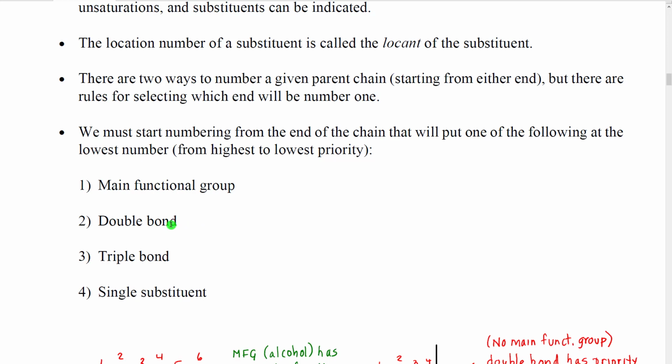Then if we have a choice, or if there is no main functional group, we want to put the first carbon of a double bond at the lowest number possible, then a triple bond if there is no double bond or if we have a choice. And finally, when we have just single substituents, without functional groups or double bonds, we want to put those at lowest numbers. And I'm going to show you an example of how that would work.